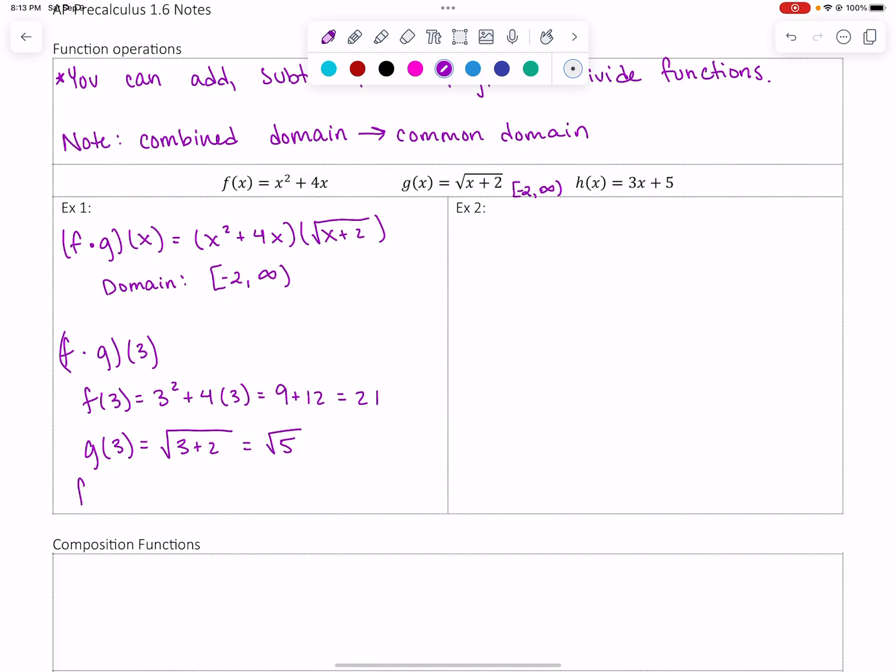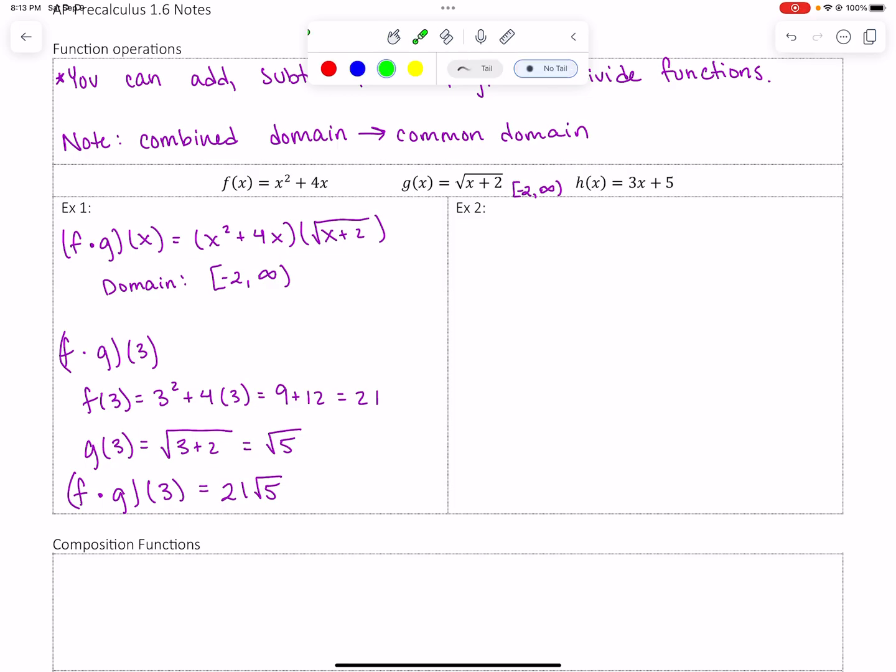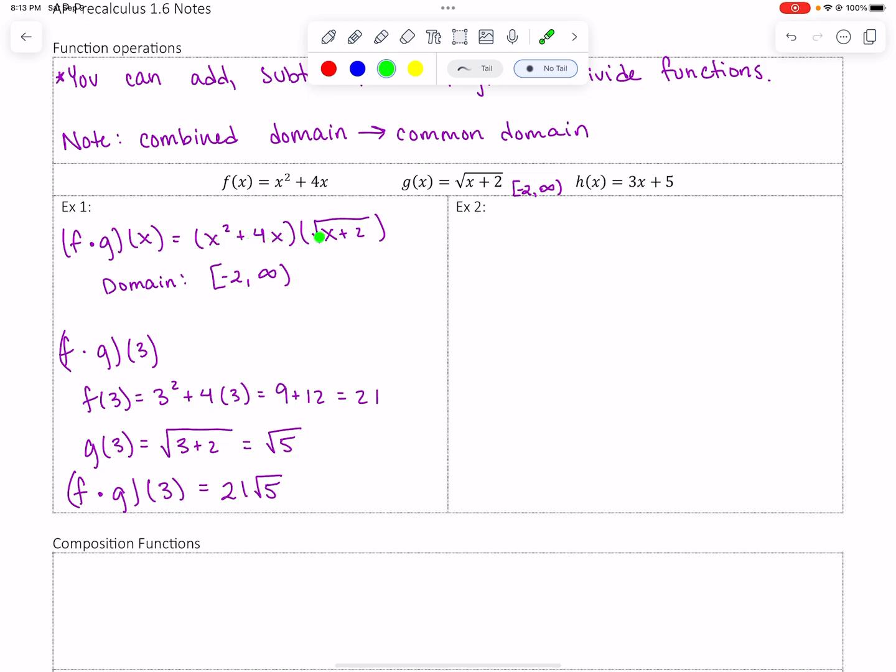Meaning that f times g of 3 is equal to 21 square root 5, because we just take these two outputs that we found and multiply them together. You, of course, could also just plug it into this function that you found before, but sometimes we don't find that first, and we can jump right to this step.